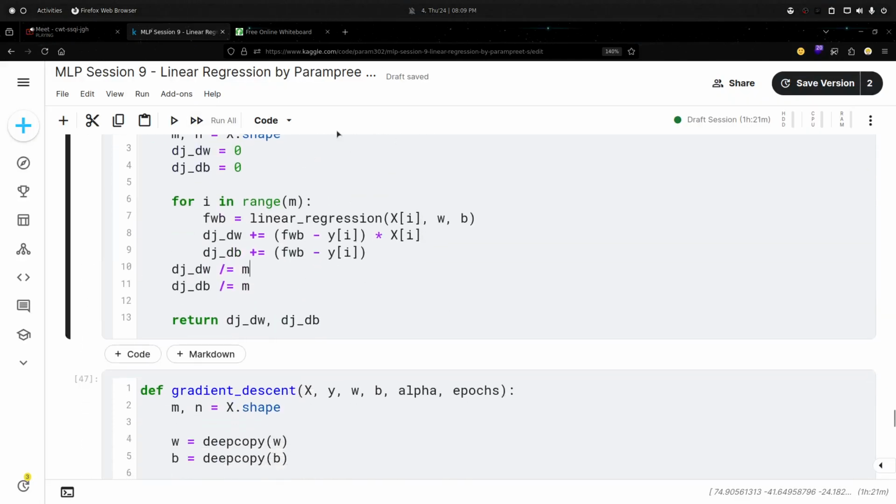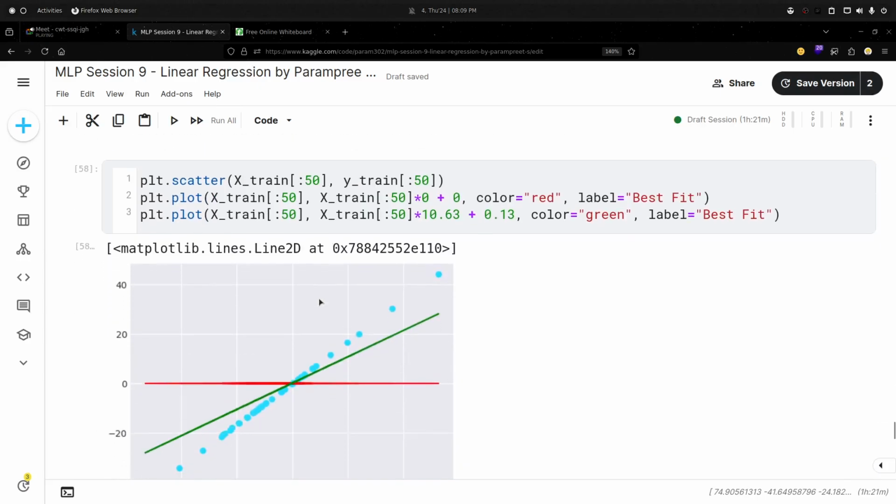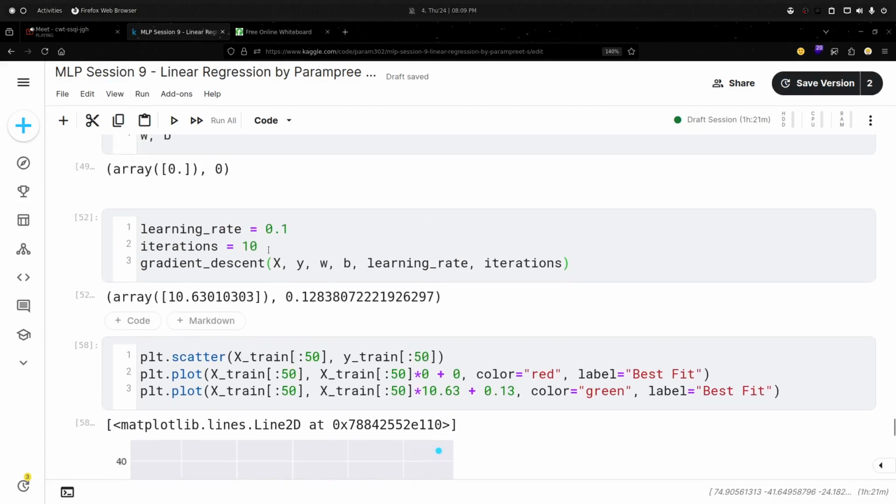And now, as I said, the more steps we take, the closer we can reach the minimum value of the cost function. So if I set iterations to 100 and run it, you can see it takes some time, and now I got this value.